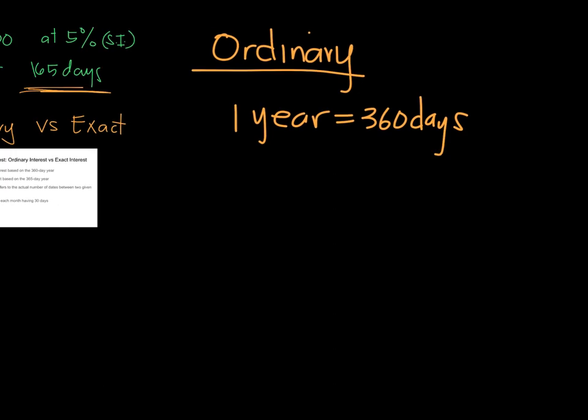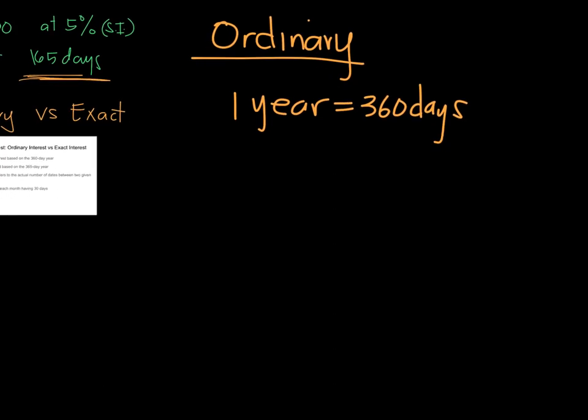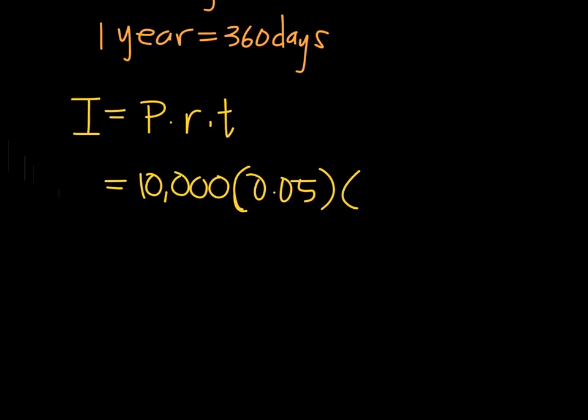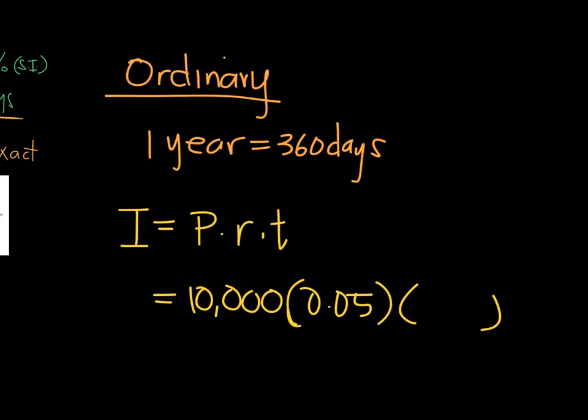So when we compute for the simple interest, I is equal to P times R times T. We perform the usual computation, 10,000 times 0.05, and then for the time, this is where you apply the concept of 1 year equals 360 days.